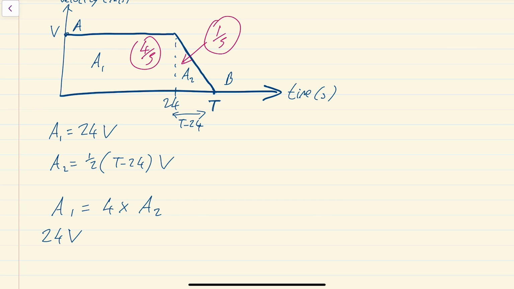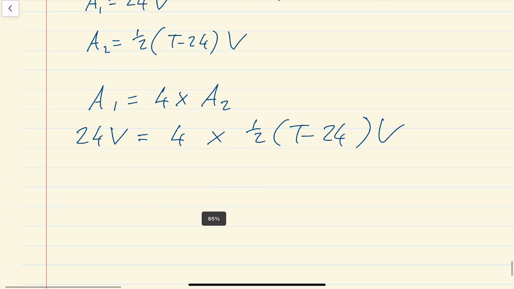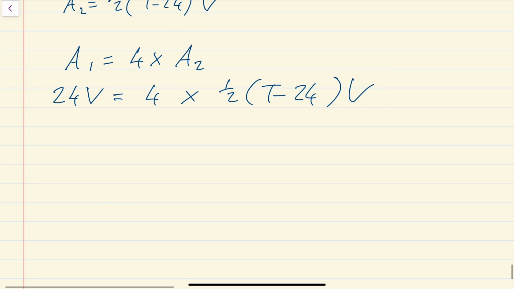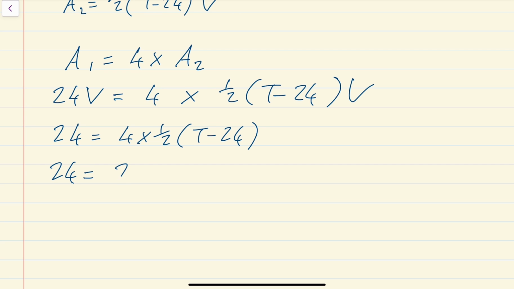Instead of area 1, write 24v, and instead of area 2, write half times t minus 24 times v. Okay, right, I can get rid of all that. First thing I'm going to do is get rid of the v's. So that's 24 is equal to 4 times a half times t minus 24. And then we'll start tidying up. It's just a nice easy linear equation then.